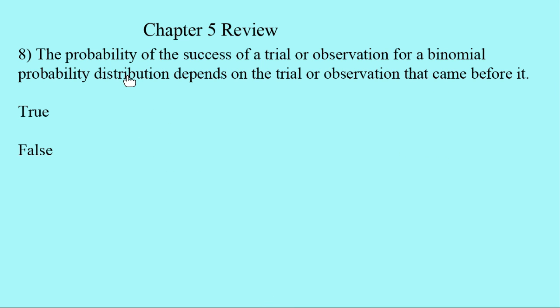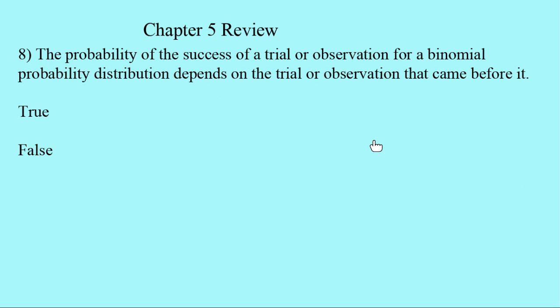The probability of the success of a trial or observation for a binomial probability distribution depends on the trial or observation that came before it. Is this true or false? False.